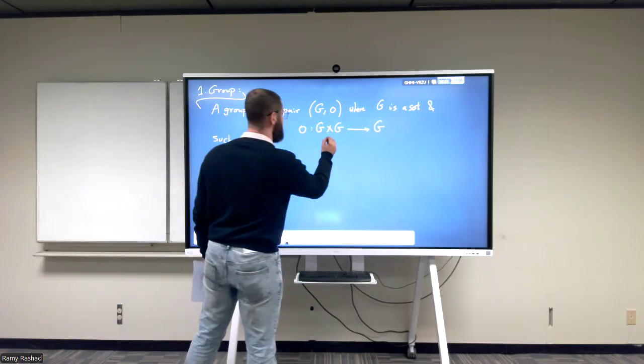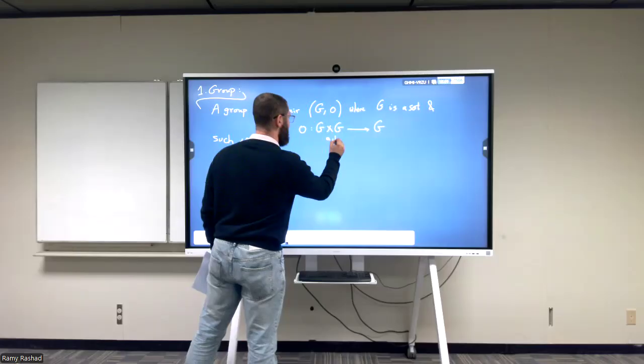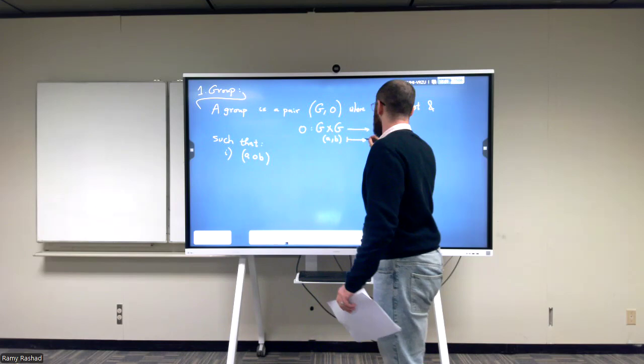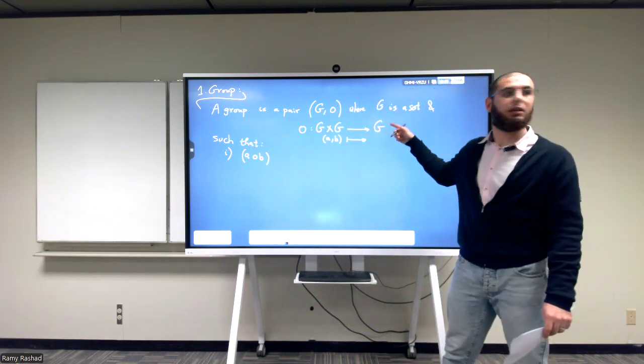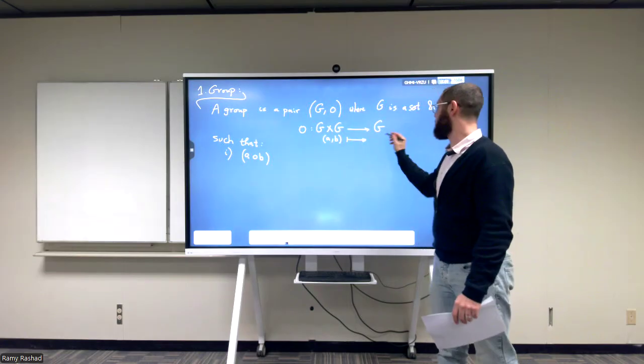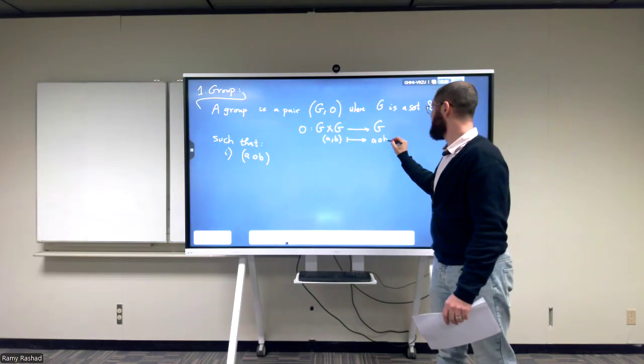If I have an element A and B, this map takes these two elements to an element in G that we're going to call A circ B.